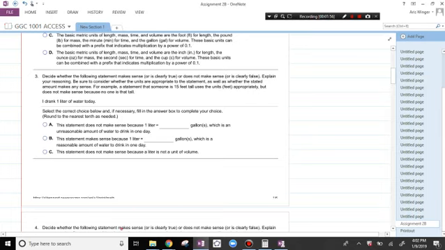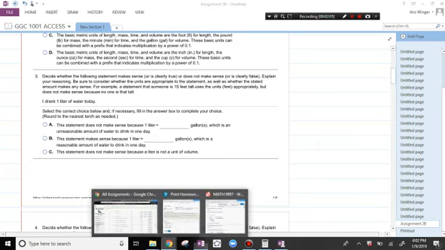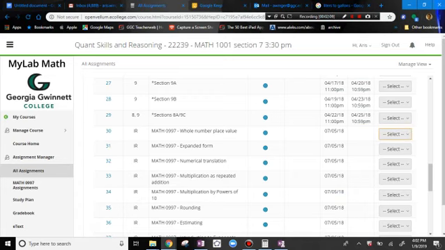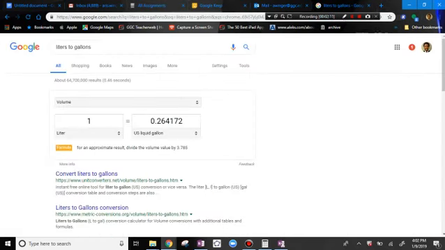Decide whether the following statement makes sense, or is clearly true, or does not make sense, clearly false. I drank 1 liter of water today. Well, let's put liters in gallons. How many liters are in a gallon? Liters to gallons. 1 liter is about 0.26 liquid gallons.